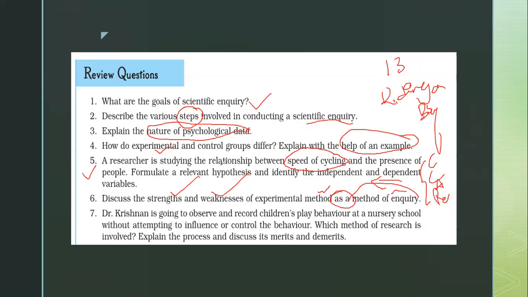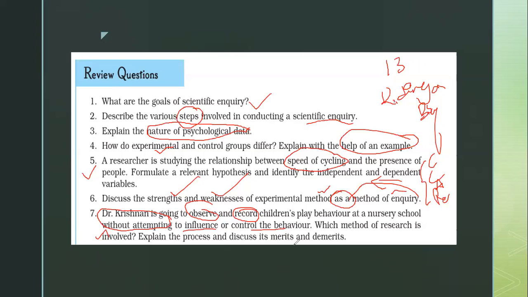Okay, next. Dr. Krishnan is going to observe and record children's play behavior at nursery school without attempting to influence or control the behavior. I can just recall a method like going to observe and record. Which method of research is involved?